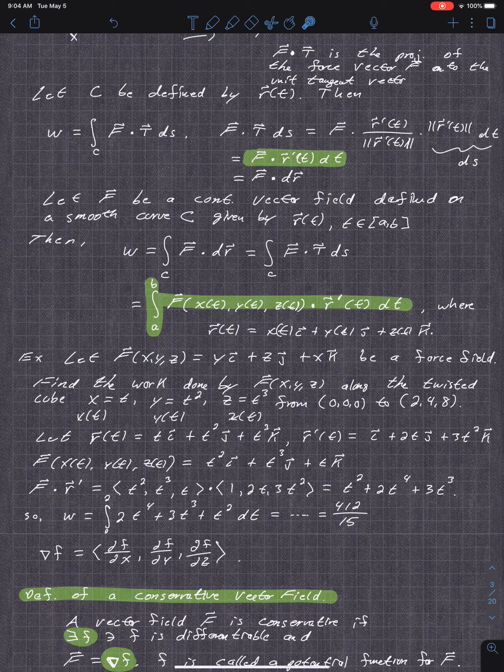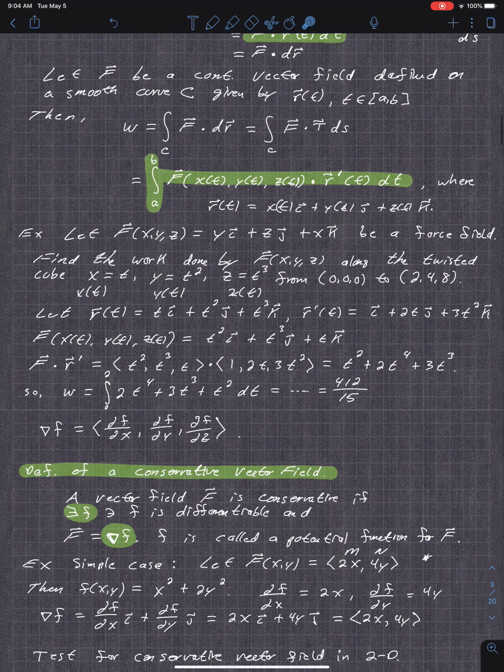And so that's the hypothesis. So it has to be a smooth curve, and F is a continuous vector field. So those components M, N, and P, those functions are all continuous. That's what they mean.